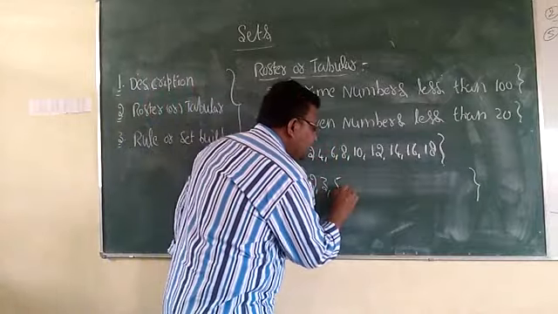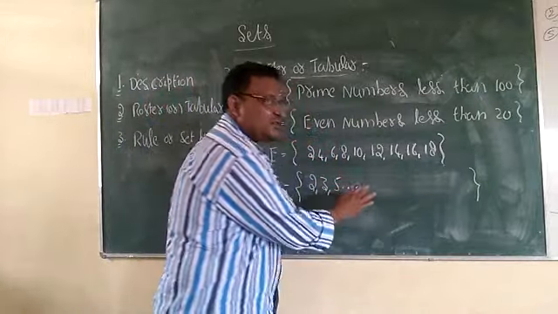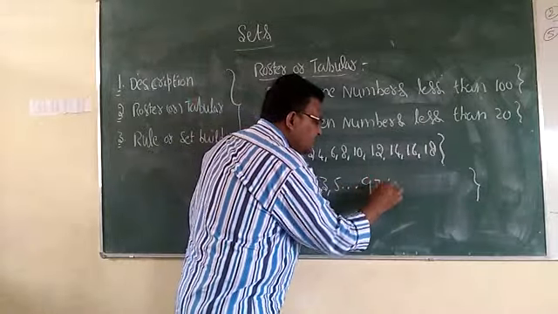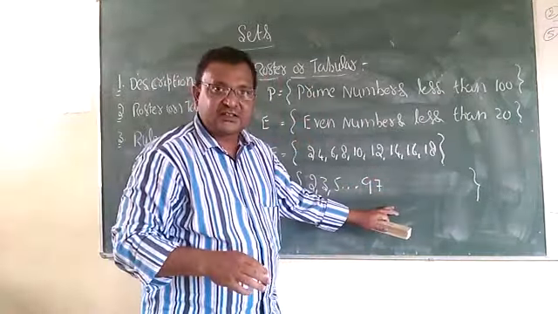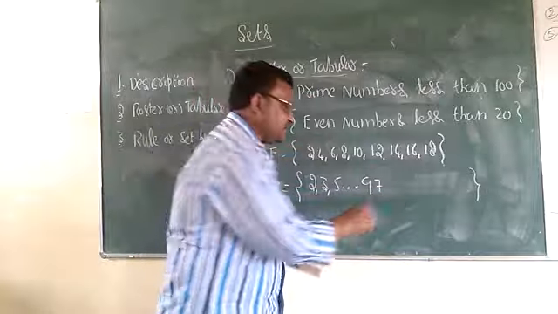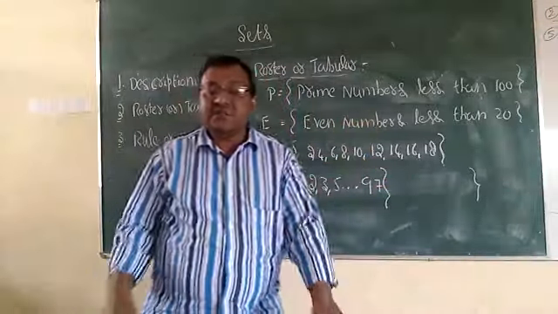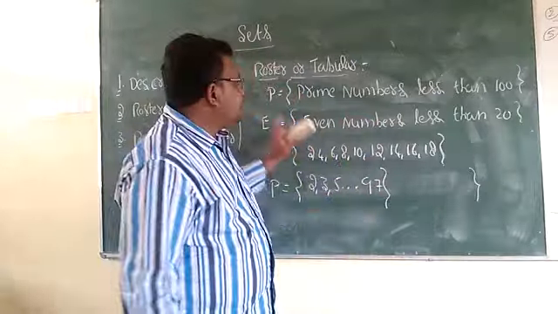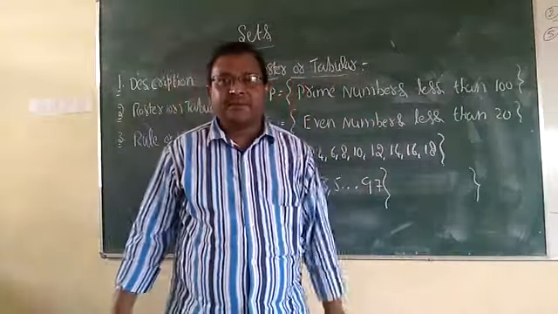Then after that, 3 dots, that means and so on. After that, if the last element exists, we have to write it. If not, leave it and close the bracket. So this property also we have to remember, and this method is called roster or tabular.